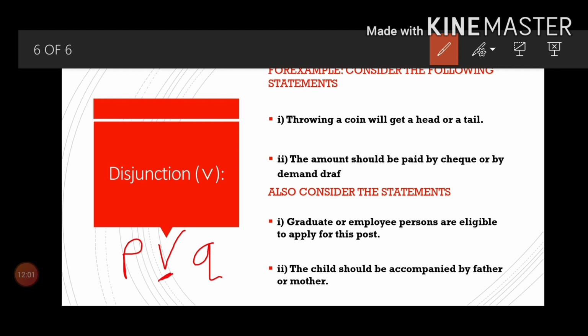This is the sign of 'or'. P or Q is called disjunction.